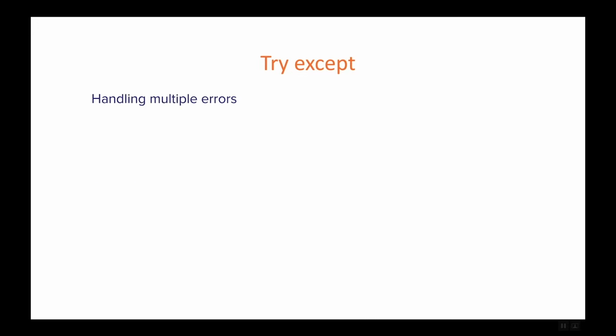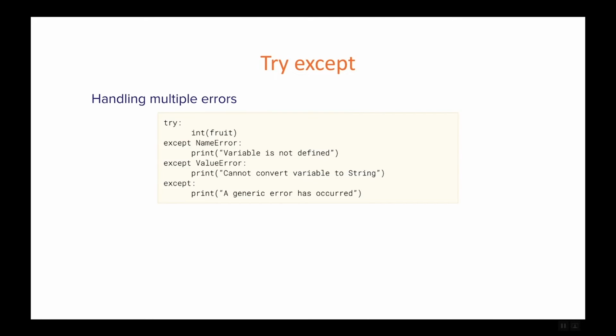Now, of course, there are multiple details to this mechanism, like we can handle multiple types of error and provide different functionality for each individual case when some particular error might occur. So here's an example. Let's try to convert our fruit into an integer. Let's say we have an exception NameError.